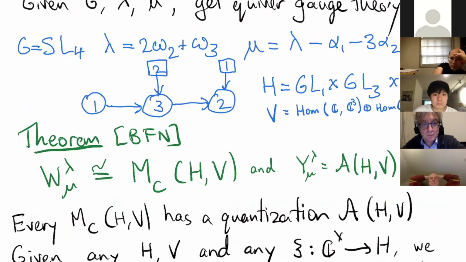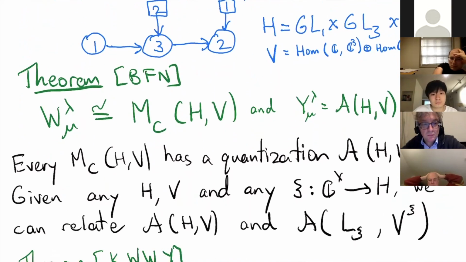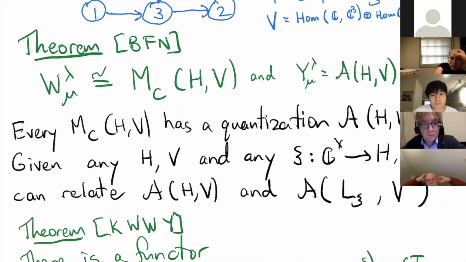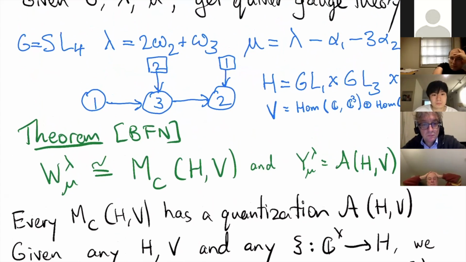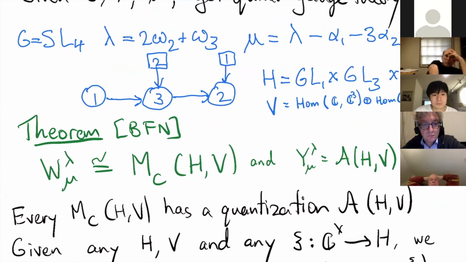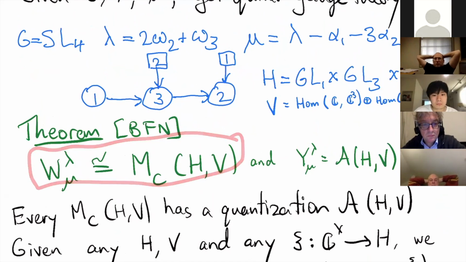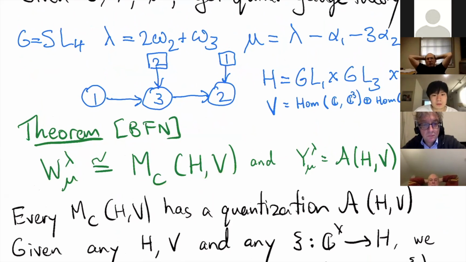And so Braverman, Finkelberg, and Nakajima proved that if we start with lambda and mu, and define the data of H and V in this way, then the Coulomb branch is our W lambda mu, the affine Grassmannian slice. And this works whether mu is dominant or not dominant. In fact, you could take this to be the definition of W lambda mu when mu is not dominant.